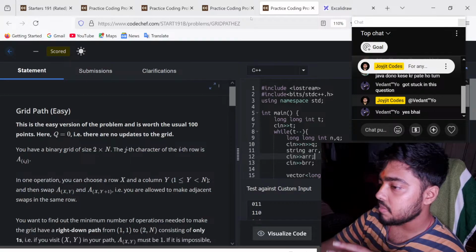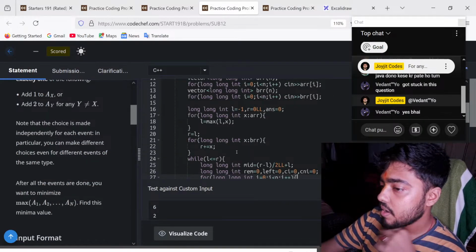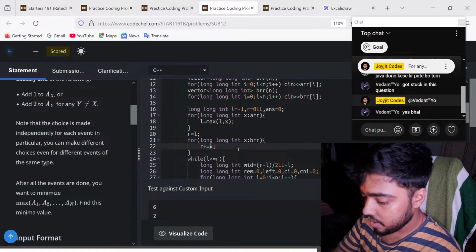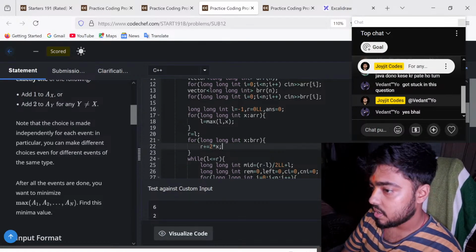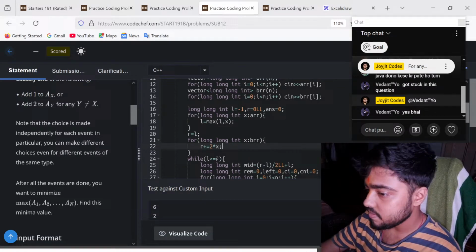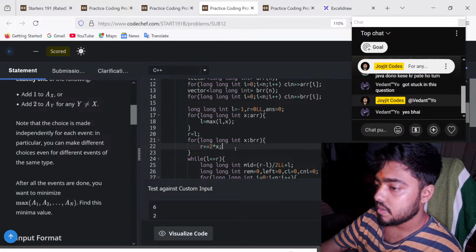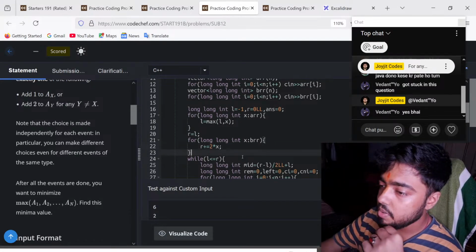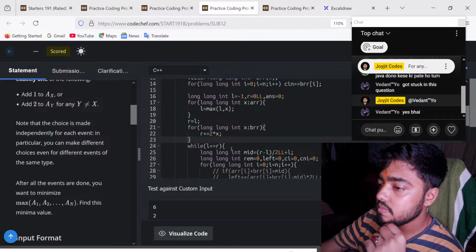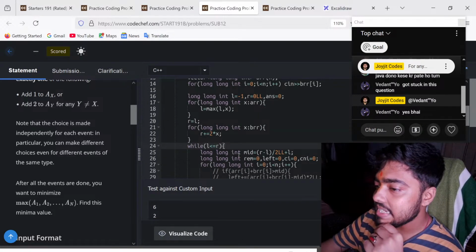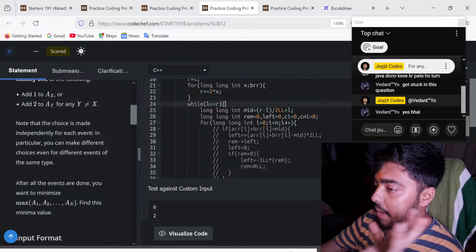Because that is the maximum that I can add. So I can make R plus equal to x, or I could have also gone for R plus equal to 2 into x. That also makes sense. Actually this makes better sense. Okay, R plus equal to 2 into x. Okay, great. So while L is less than or equal to R, you just perform a binary search.